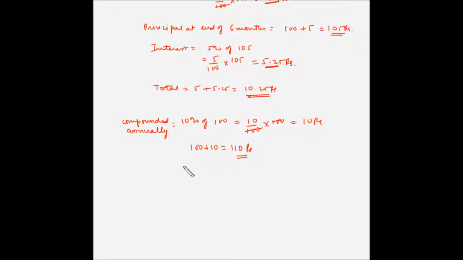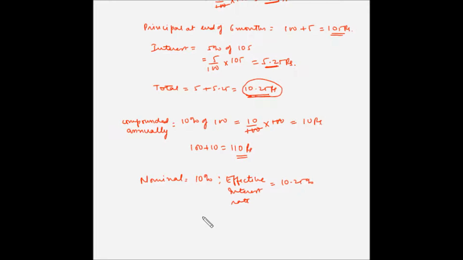So in this example, 10% is the nominal interest rate, while 10.25% is the effective interest rate. So nominal is 10%, while effective interest rate is 10.25%.